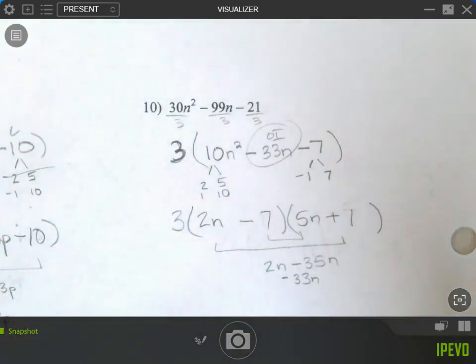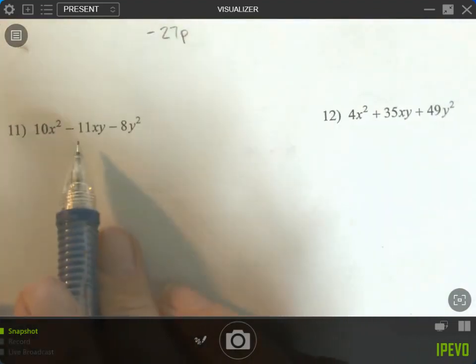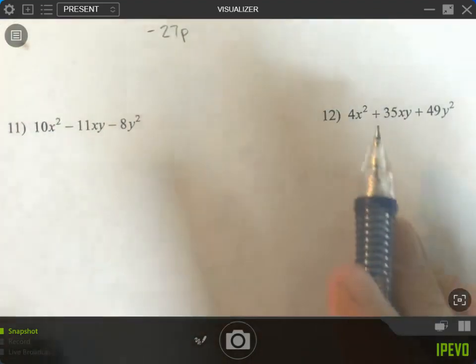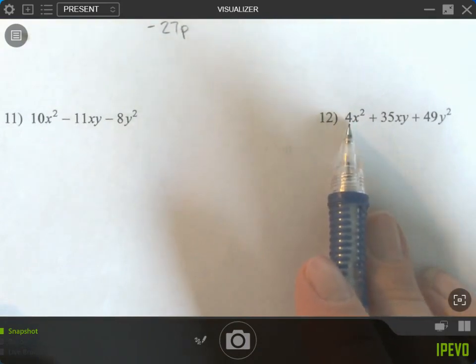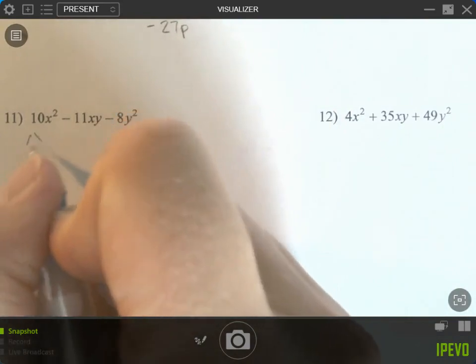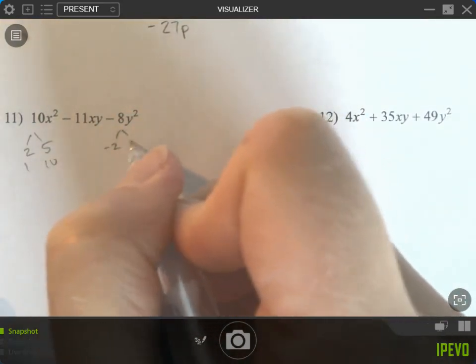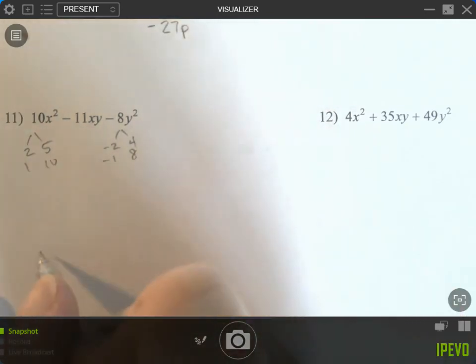All right, I'm going to give you a couple minutes to try the bottom ones, but there's one thing I want to talk about. Is there a GCF? I was hoping for it, but there's not. Is there a GCF in number 12? 4 doesn't work, 2 doesn't work, so I'm stuck. When I go to factor these, I'm still doing that same thing: negative 2 and 4, or negative 1 and 8.